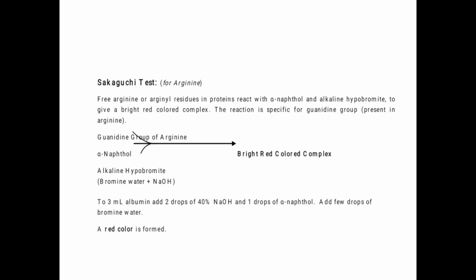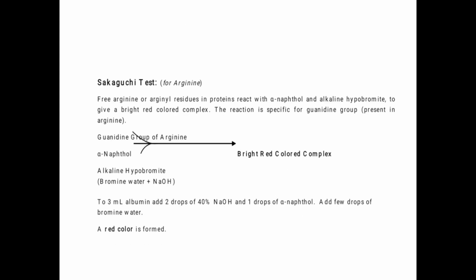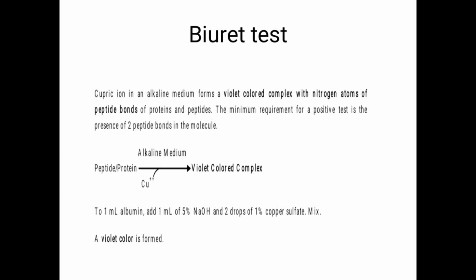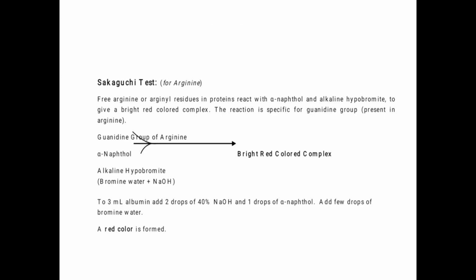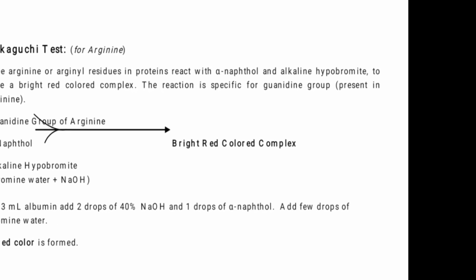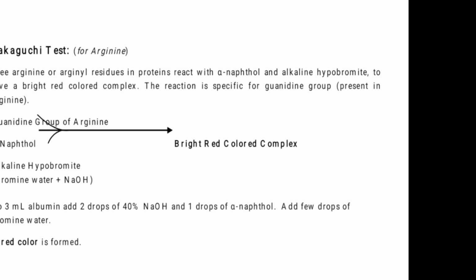Next test is the Sakaguchi test. This is for arginine, a semi-essential amino acid. Free arginine or arginyl residues in proteins react with alpha naphthol and alkaline bromide to give a red colored complex.